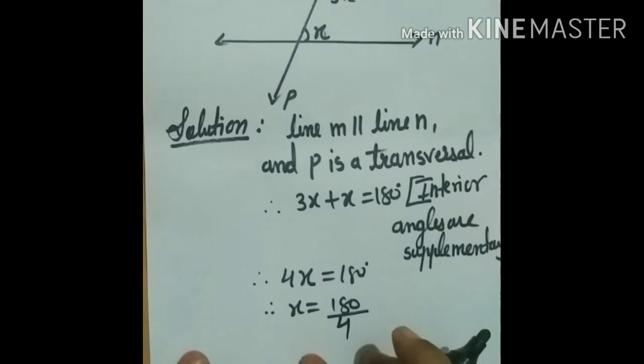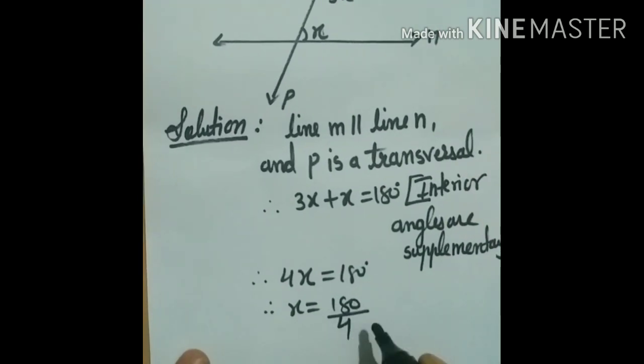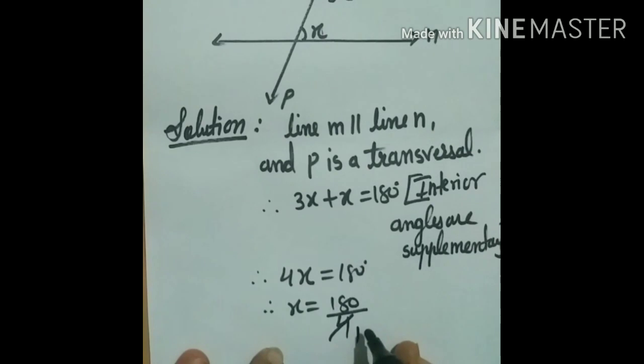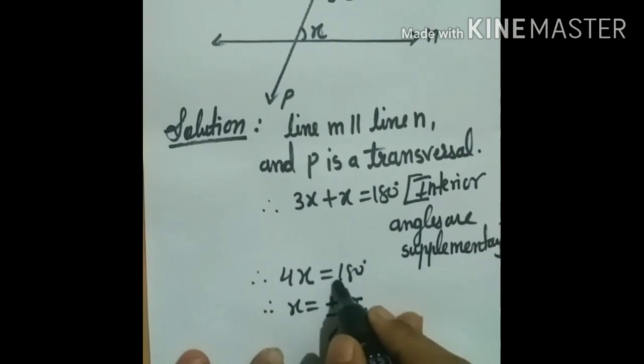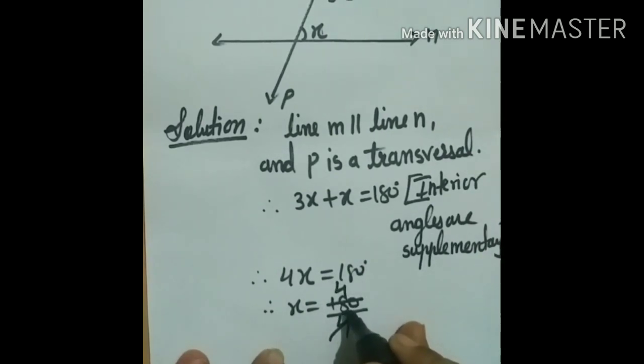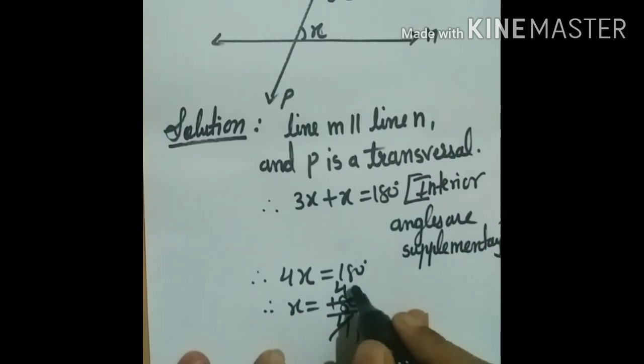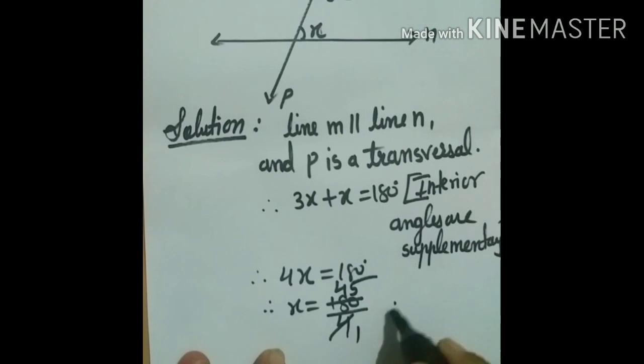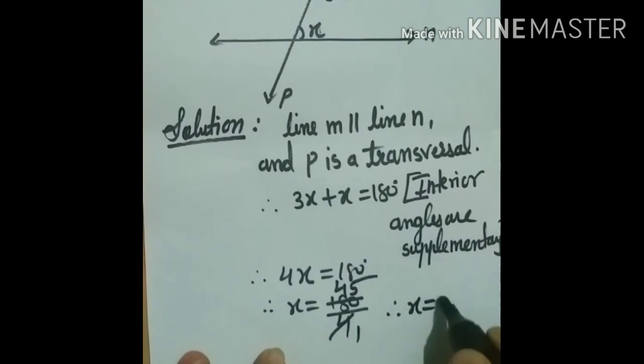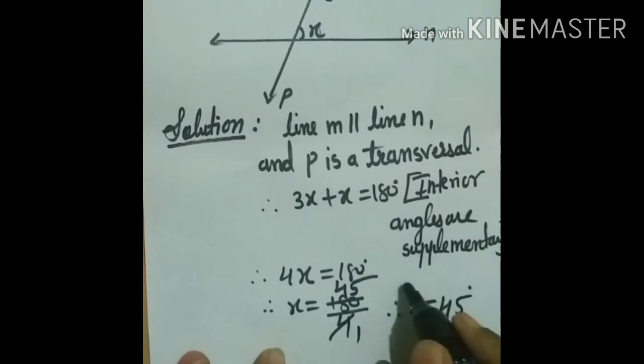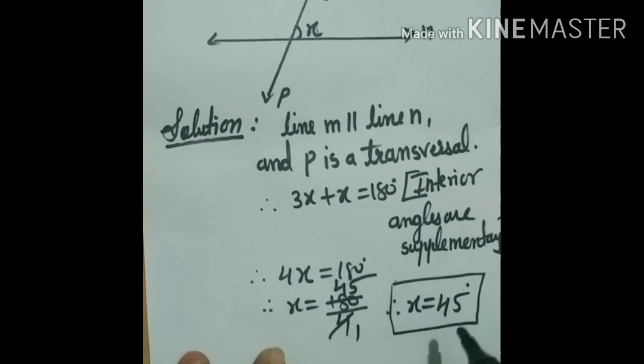Okay, now we do the cancellation of these two number. 4 ones are 4 fours are 16. So 16 removed from 18, what's it remain? 2. 2 and 0, 5, means therefore x equal to 45 degree. Okay children, what is the value of the x? 45 degree.